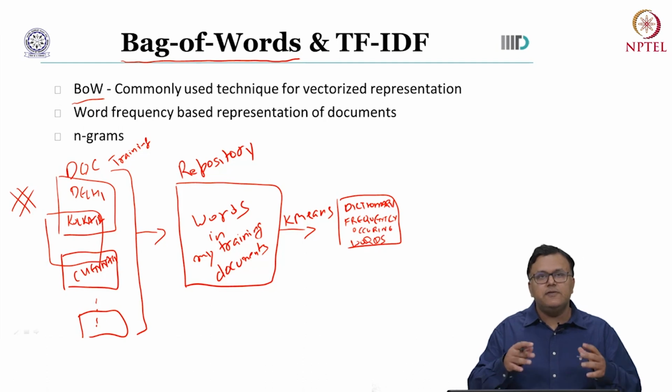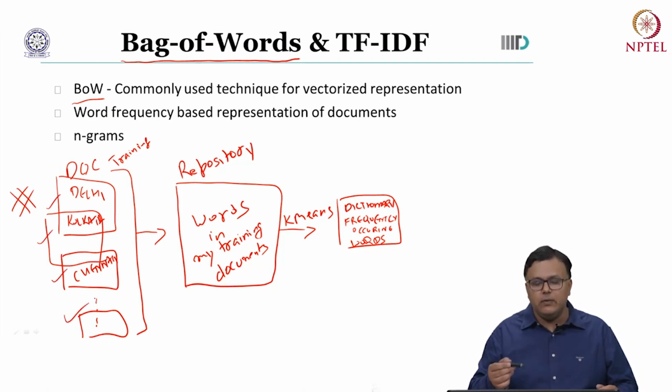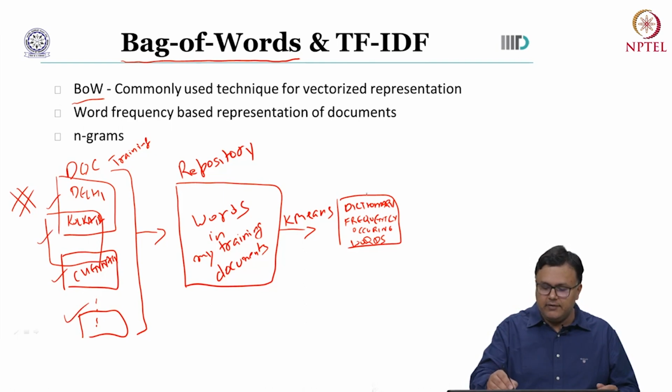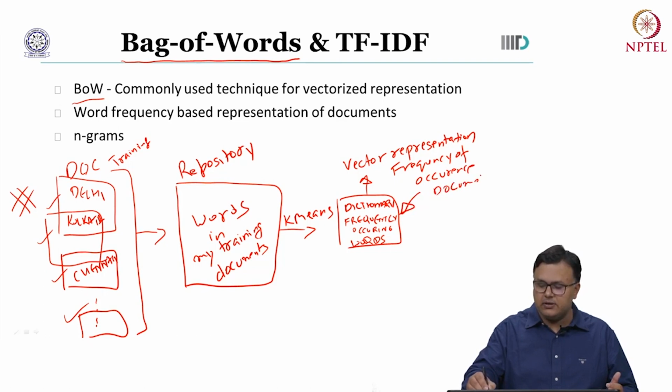You can say these frequently occurring words are the building blocks of my documents, and once I have identified them, I can have a vector representation for each document separately, which is essentially the frequency of occurrence of these important words in my document. So that's a vector representation.